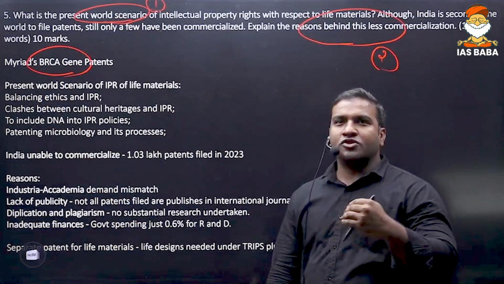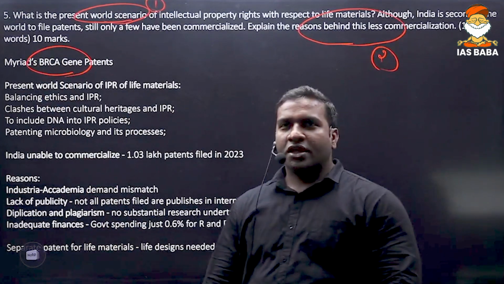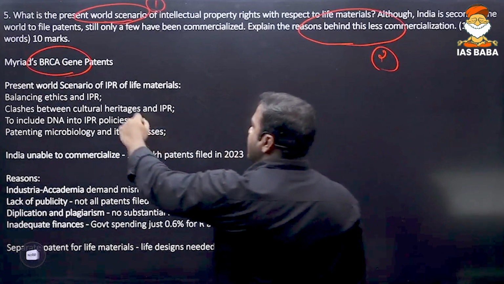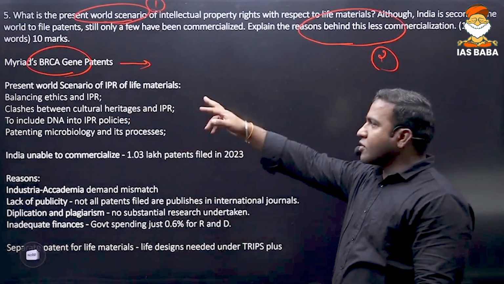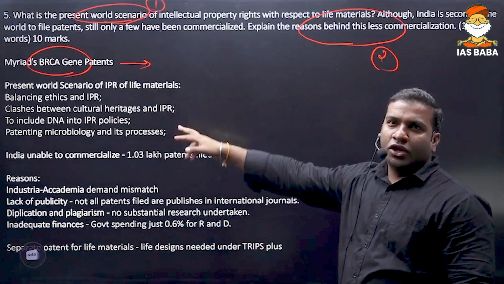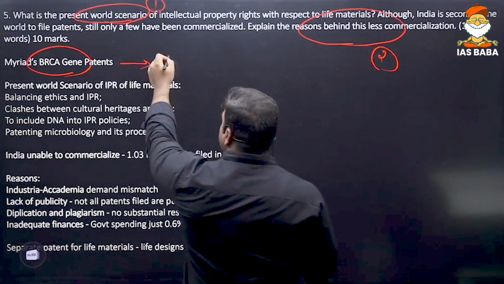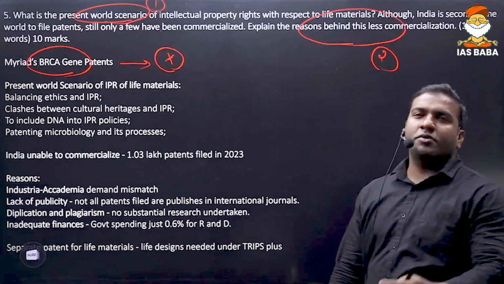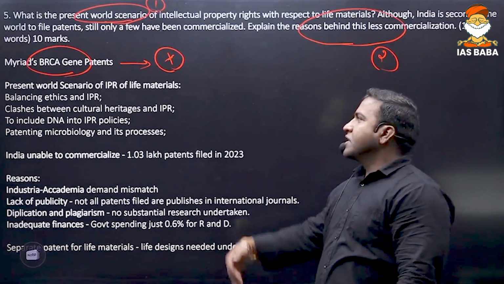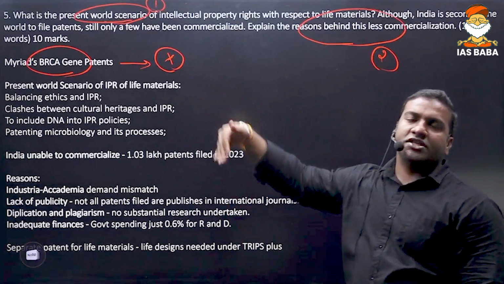Yes. Now the introduction we can introduce with the BRCA gene patent case, Myriad's case, in which the question was whether we should patent a gene, which was related to breast cancer, and in 2013 the Supreme Court of the US had said no to this gene patenting. It said that genes are part of nature and cannot be patented, and now the activists have been revisiting this again and again.